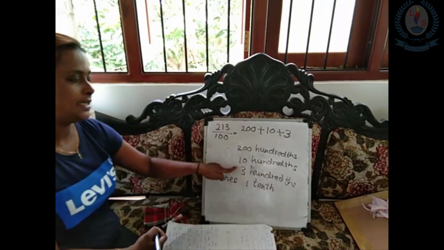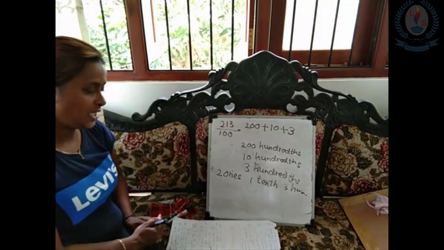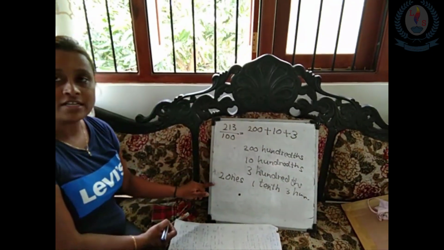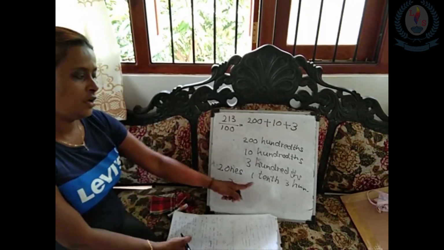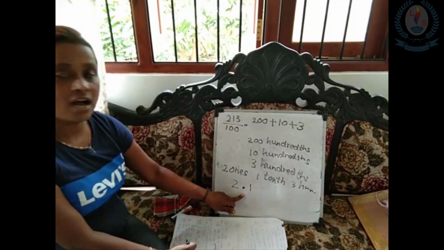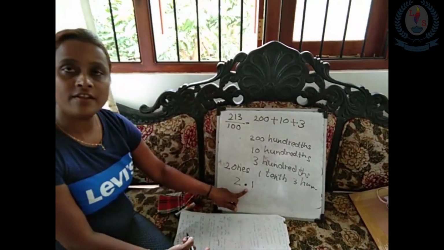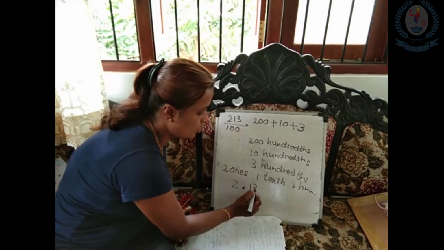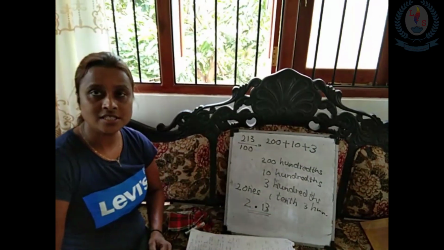And 3 hundredths. The ones place is the number on the left side of the decimal point: 2 ones. The first number after the decimal point is tenths: 1 tenth. The second number is the hundredths place: 3 hundredths. So 2.13.